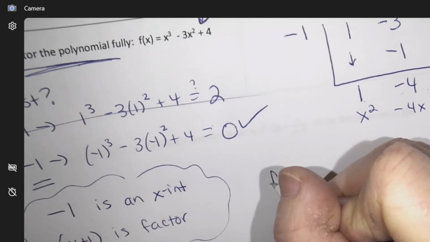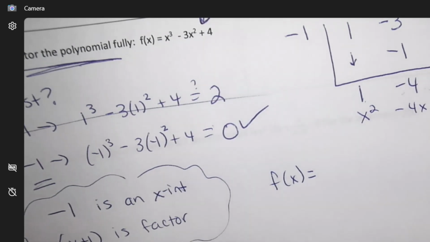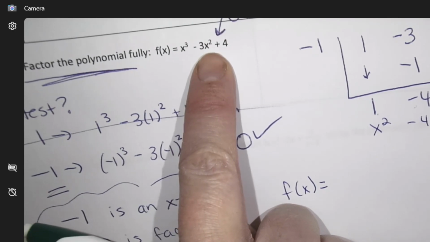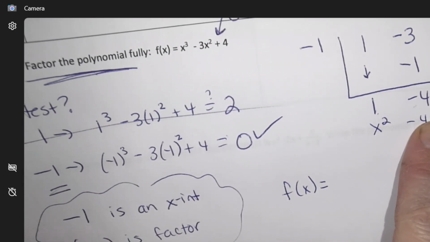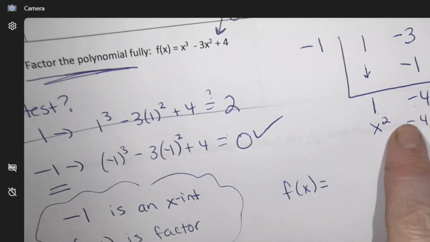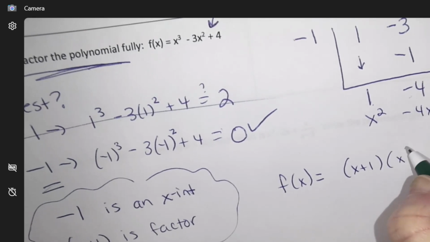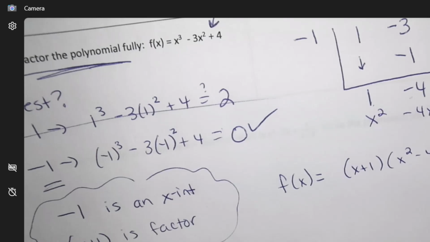Okay, so here we go. f of x equals. Okay, so here's what we were doing. This divided by x plus 1 equals this. Therefore, this times x plus 1 equals that. I don't know, does that make sense how I said it?